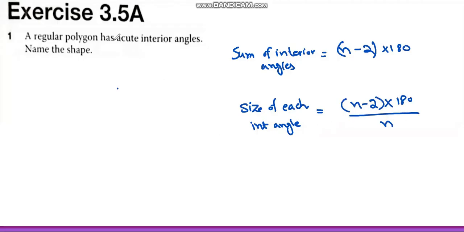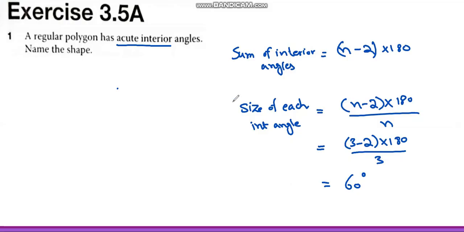Here we want acute interior angles, which means all angles should be less than 90 degrees. So let's see the size of each angle in a three-sided regular shape, which is a triangle. We put 3 over here: 3 minus 2 times 180 divided by 3, and that will be 60 degrees.